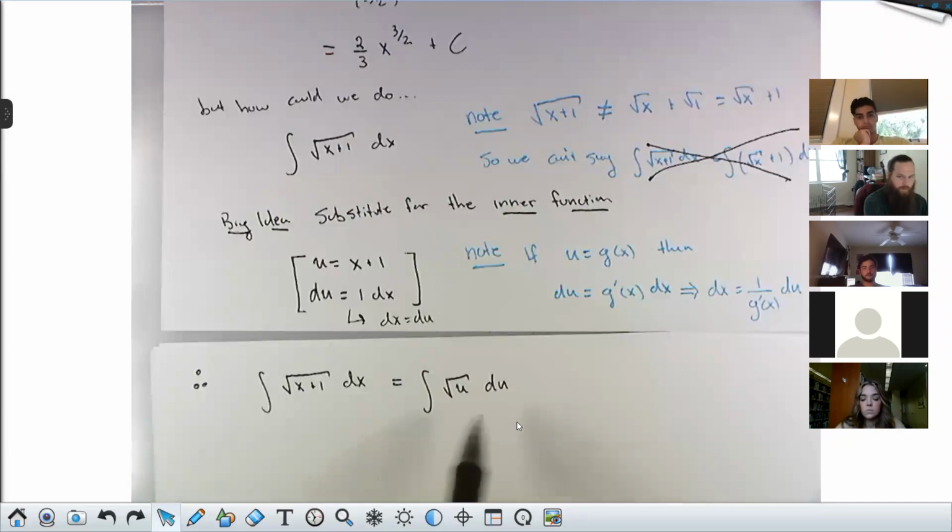Now in this example, we don't have any other x stuff floating around. I've just got an integral. I've got a pure function of u, no x's, just u's, and I've got the differential du, because du and dx are the same here. That means I can proceed the same way we did above.